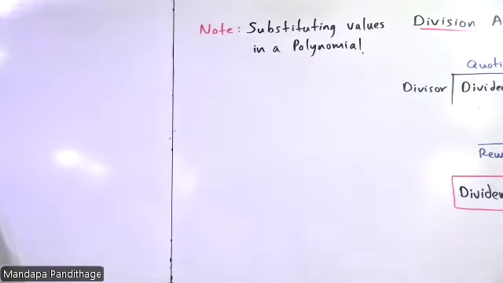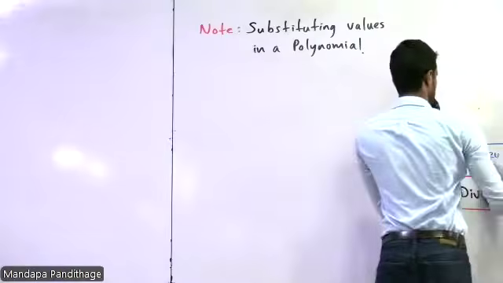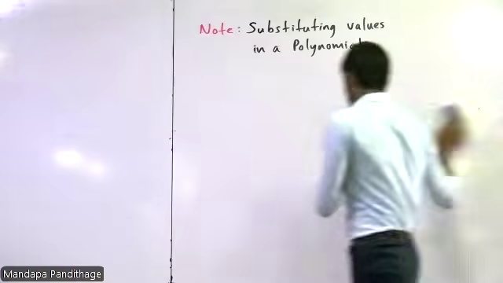In a red pen write note and then in a black pen write substituting values in a polynomial. Okay. What we are going to learn here will be important to the next part.